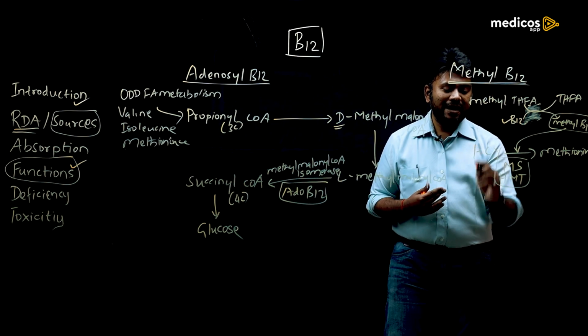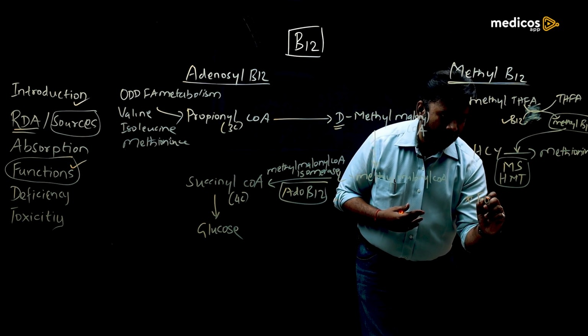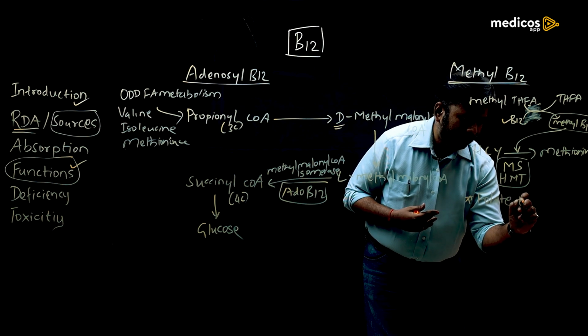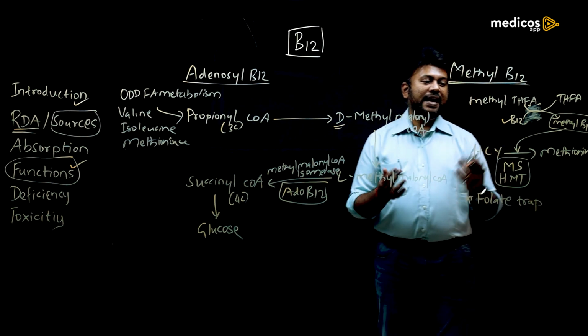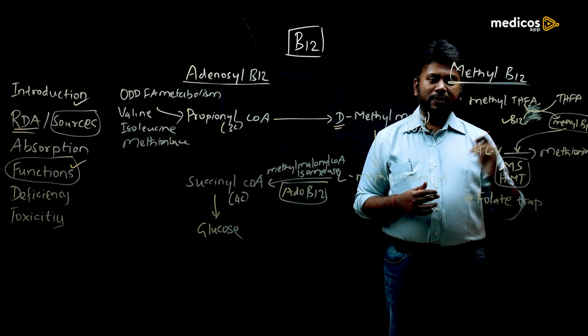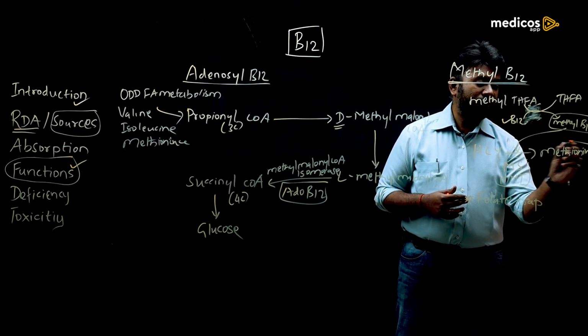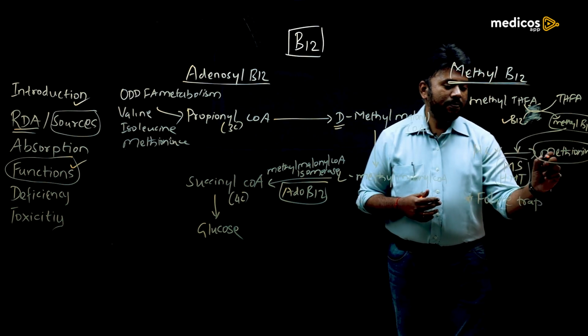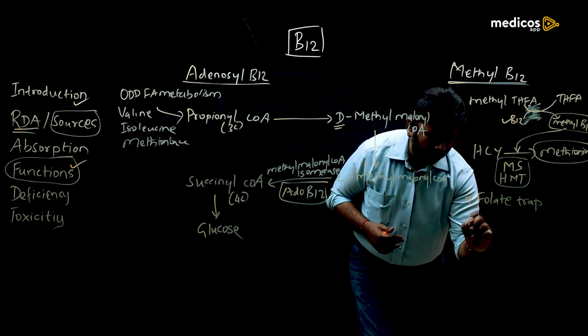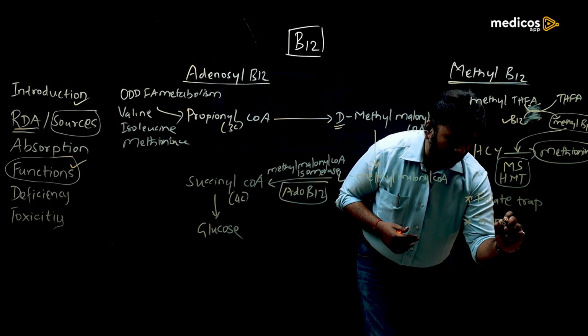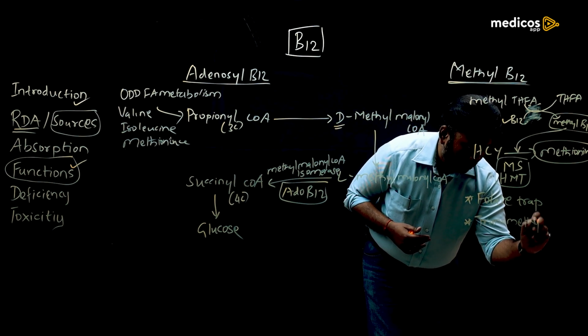So that is one function. Second, by donating the methyl group to homocysteine, it results in the formation of methionine. That methionine in turn can be used for various transmethylation reactions.